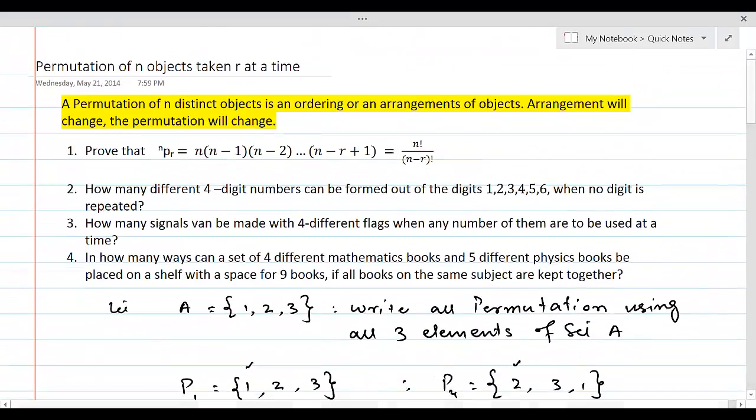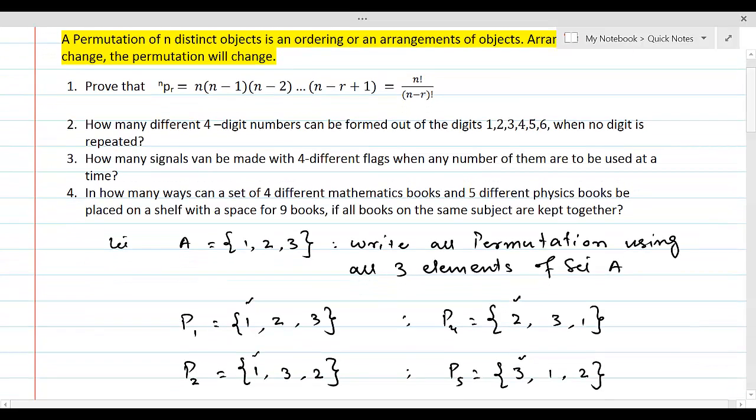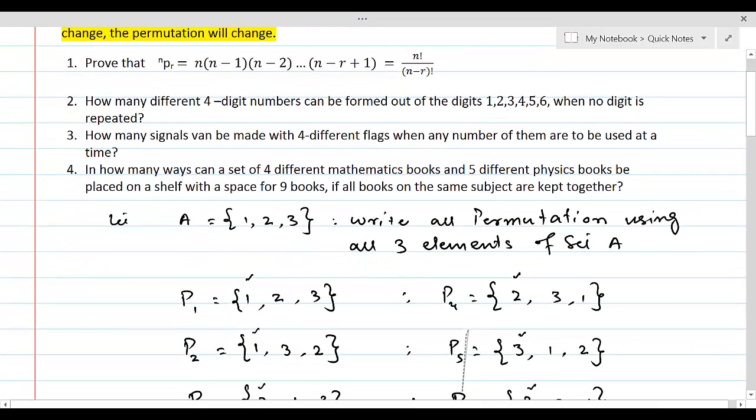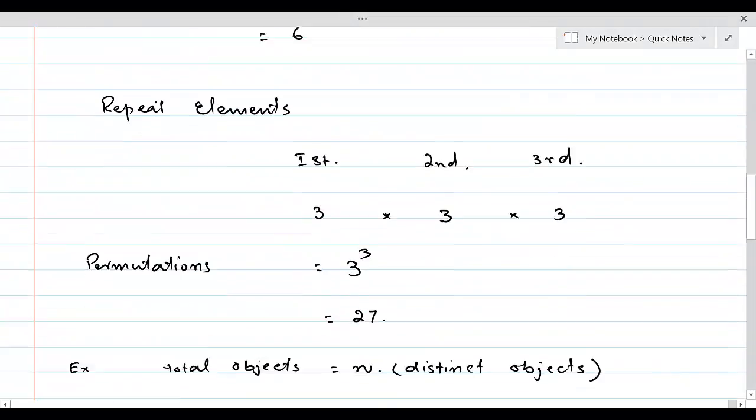And the next question we have is, how many distinct 4-digit numbers can be formed out of the digits 1, 2, 3, 4, 5 and 6? So there are 6 digits and we want to find out the numbers which can be made by using only 4 digits.